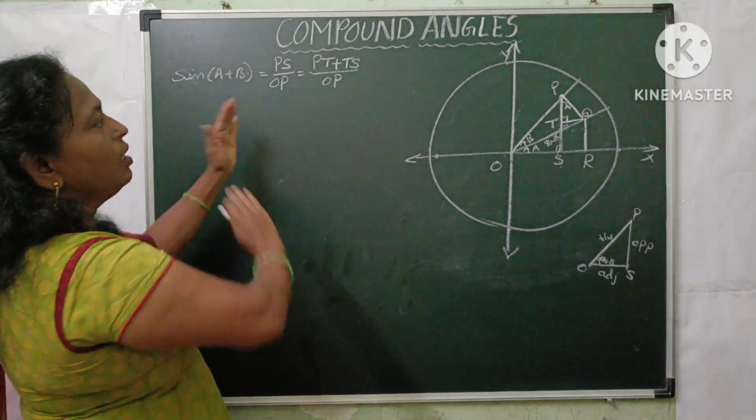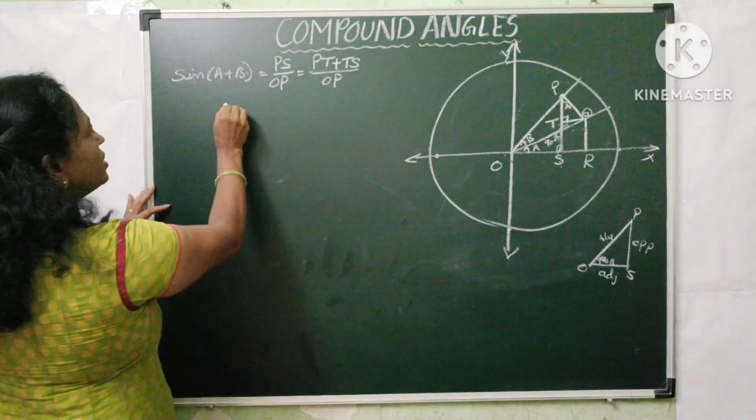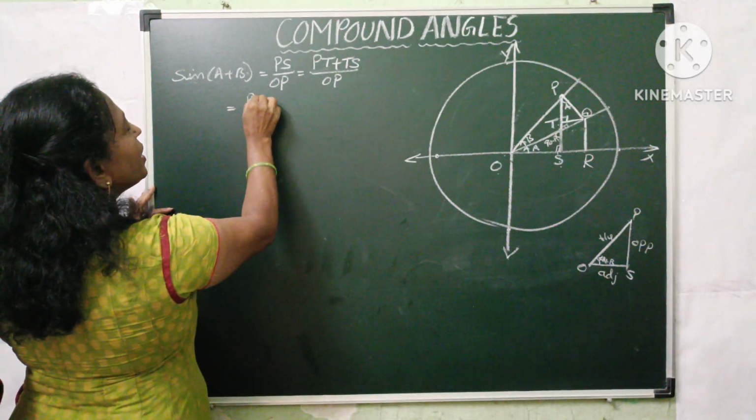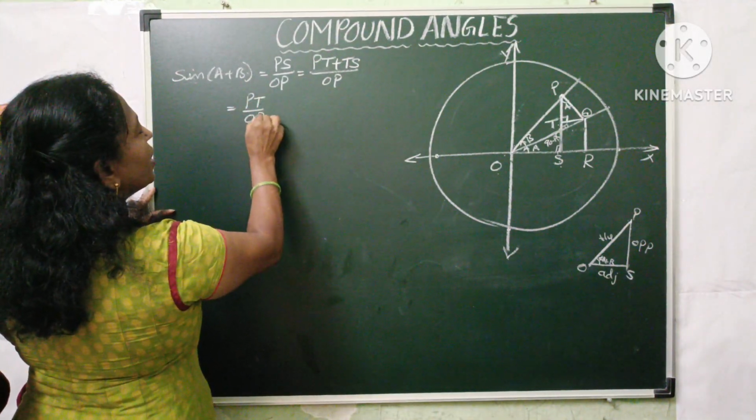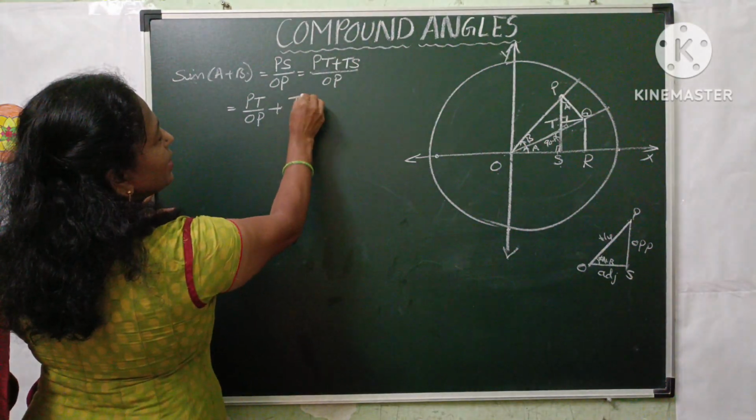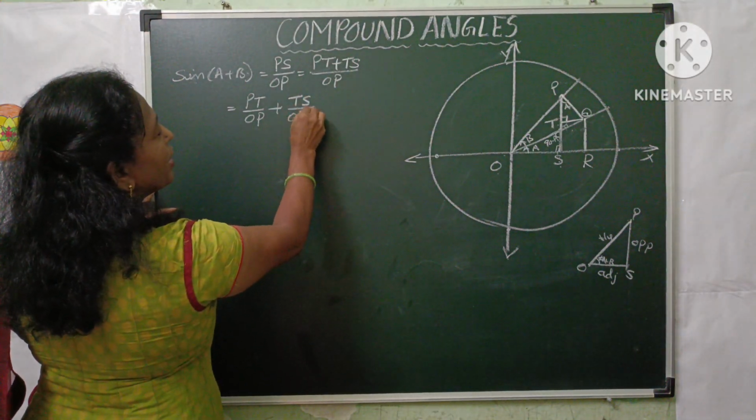Now split the terms individually: PT by OP plus TS by OP.